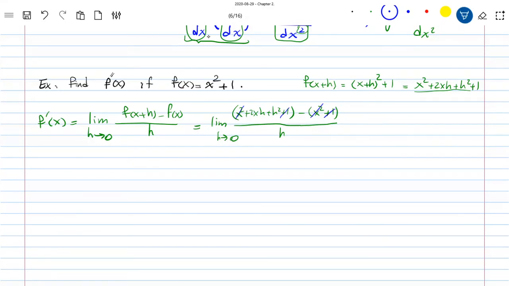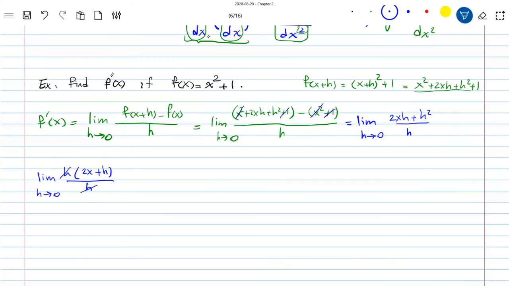So what we have at the end is the limit of 2xh plus h squared divided by h. If you notice, every term contains an h, which means we can factor out that h. So this is the limit of h times 2x plus h, divided by h, as h approaches 0.